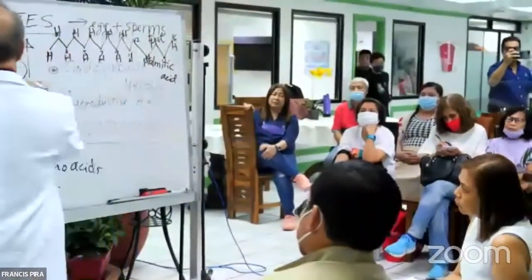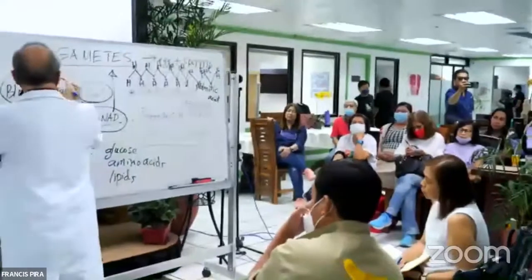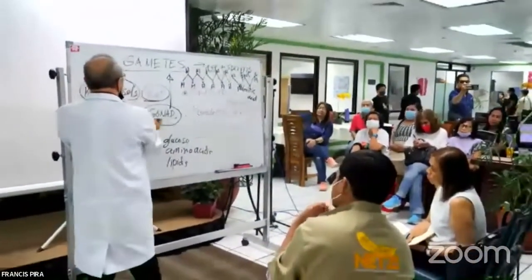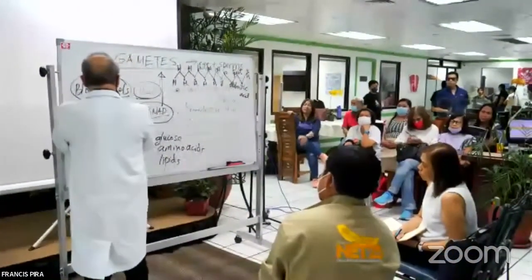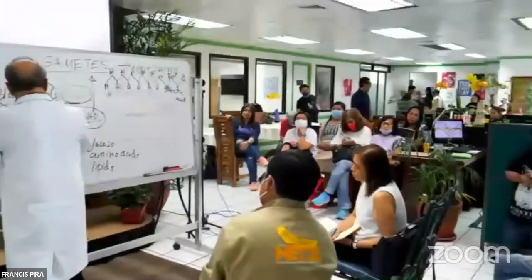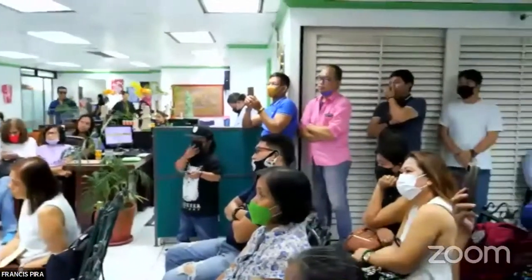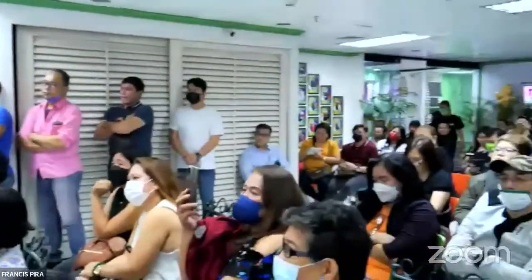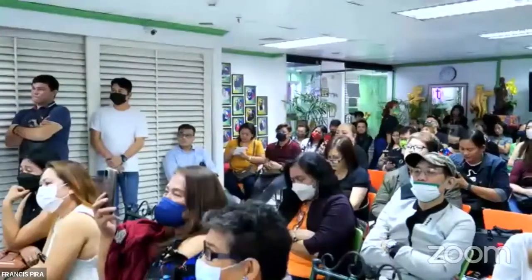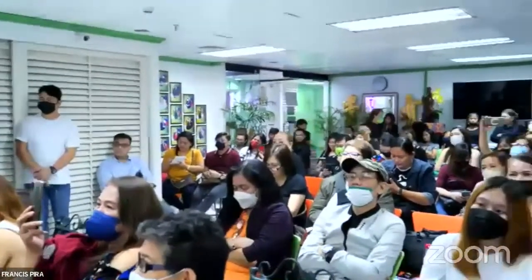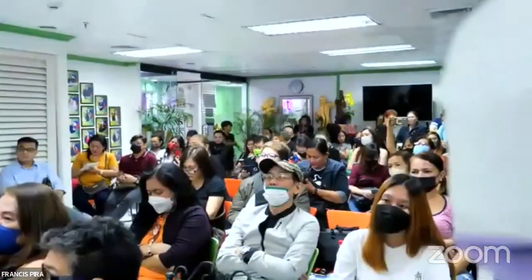So I repeat again, the health of an individual can be measured by the health of the blood vessels. Because it is the blood vessel that will actually convey or distribute the blood to all the parts of the body. The heart is just a pump. Of course, the pump is very important, but without the blood vessels, the pump is nothing.